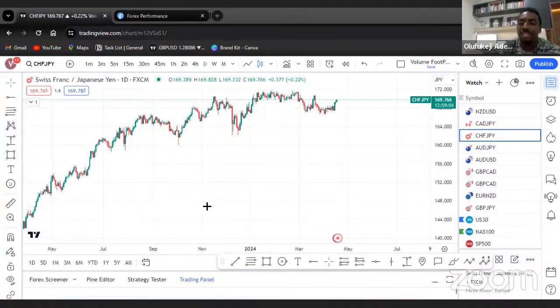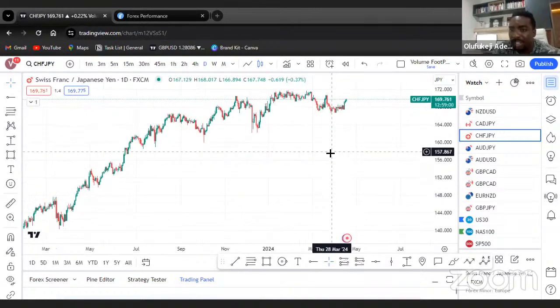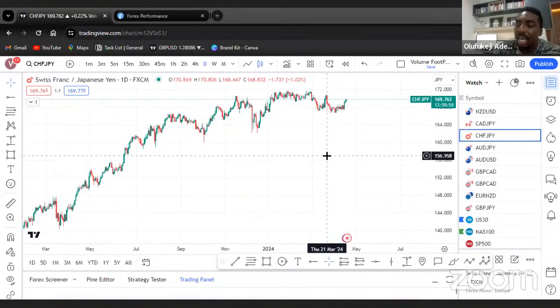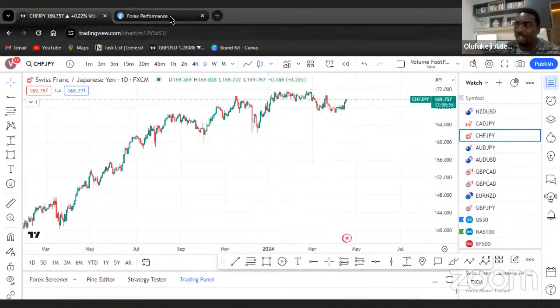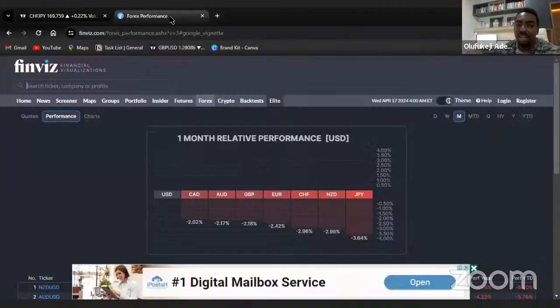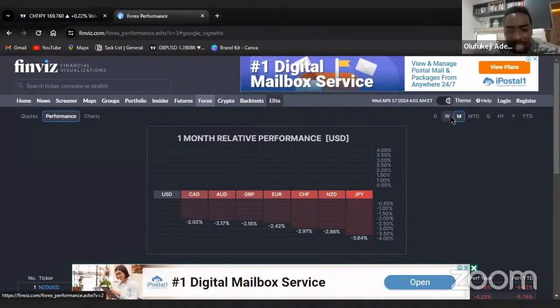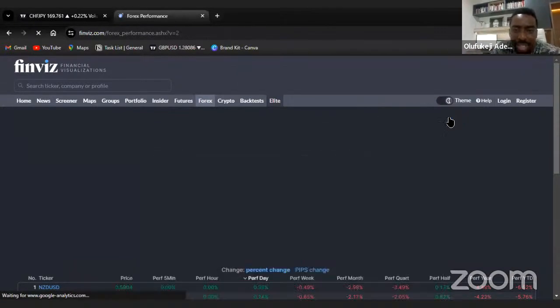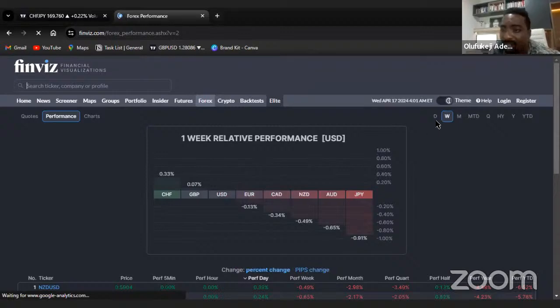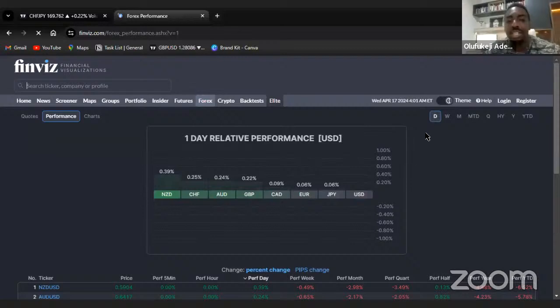So that's why I'm shifting to Aussie, a commodity currency, which is a risk-on currency. I'm now looking at Aussie versus the Japanese yen, a safe haven, and the Swiss franc, also a safe haven. This is how I look at things: I try to know what regime we are in, and that helps me choose what pairs to trade.